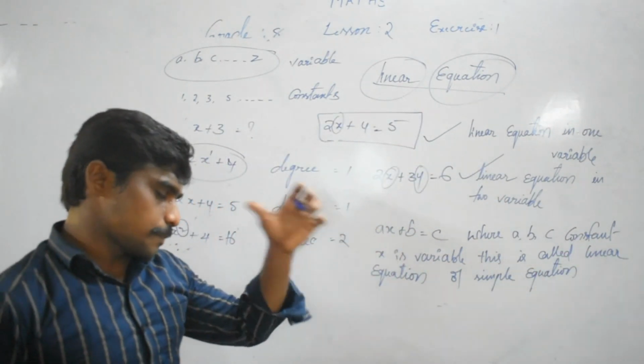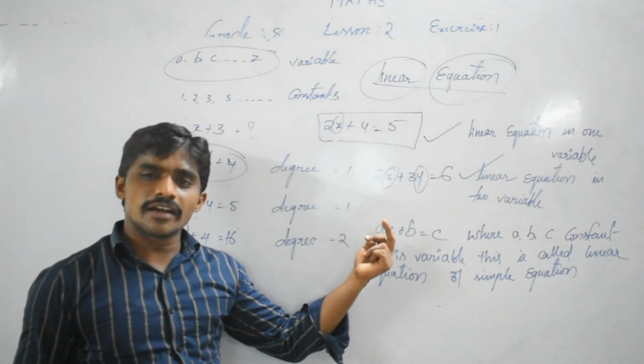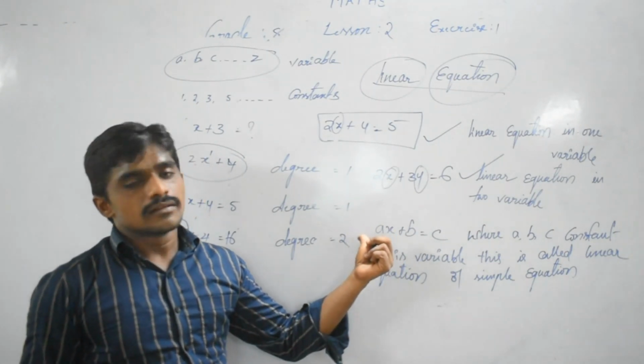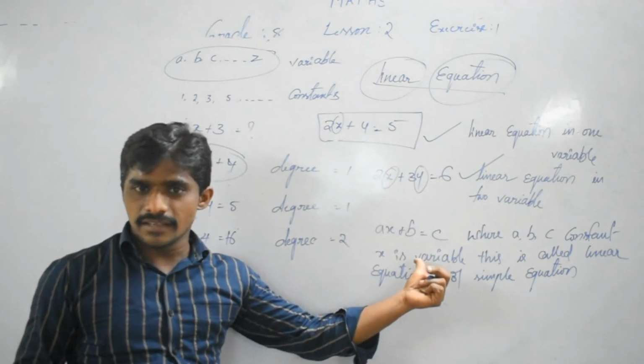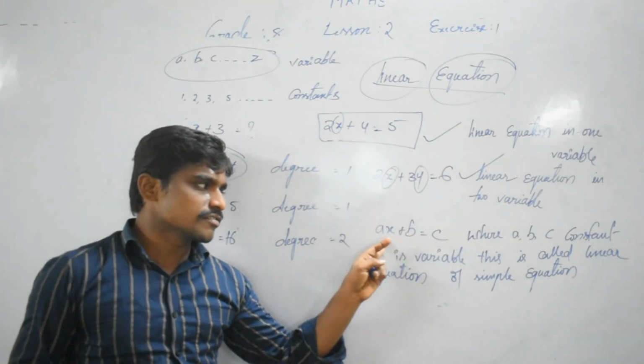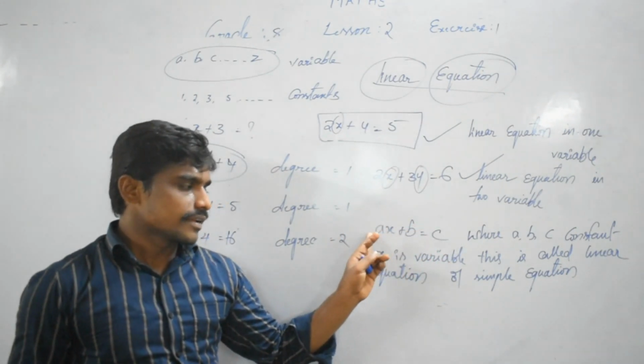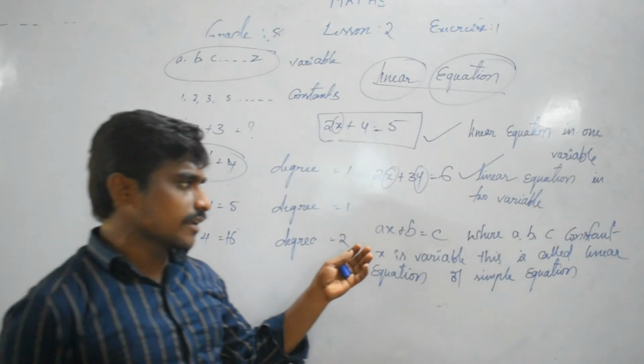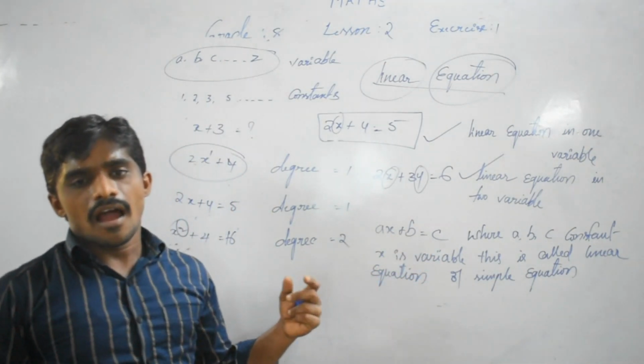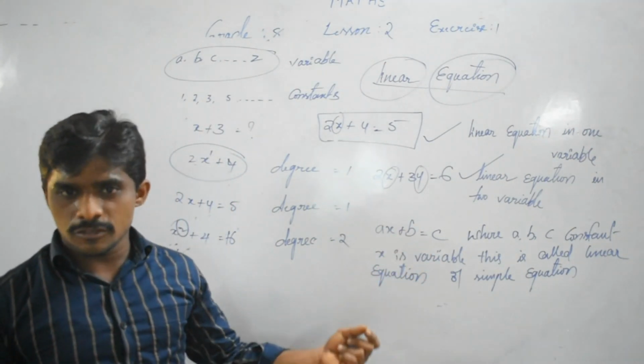So ax plus b, or ay plus b, or cx plus d, we can take any constants. For example, you might ask, sir, a, b, c, d are variables, you said.